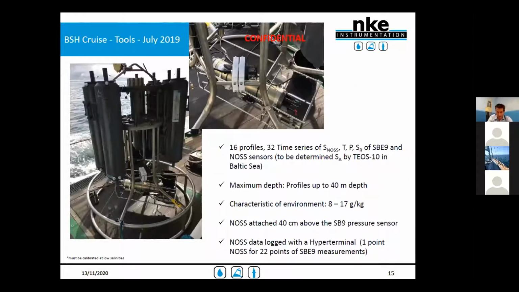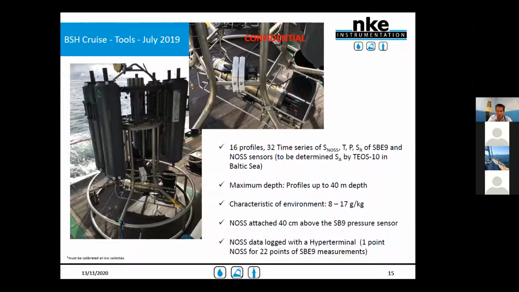During this cruise, we obtained 16 profiles, so 32 time series of NOSE salinity, temperature, pressure, and reference salinity with the SB9. The profiles went up to 40 meters depth, and we characterized the NOSE sensor in an environment between 8 and 17 grams per kilogram in salinity.